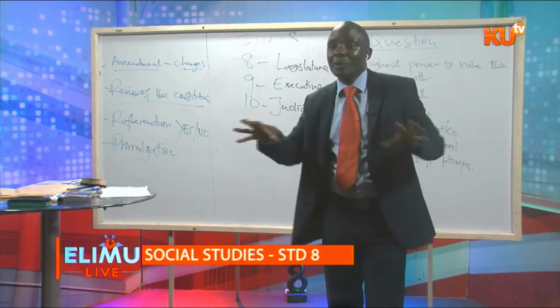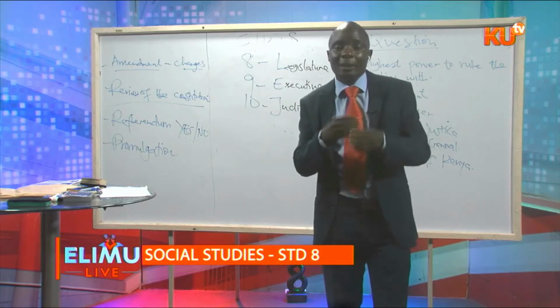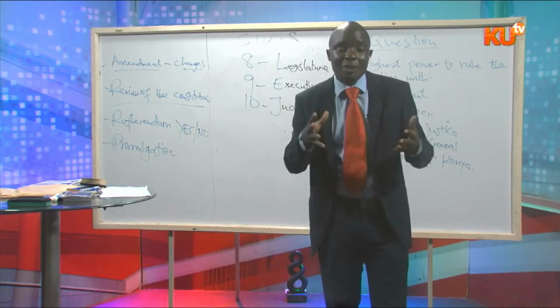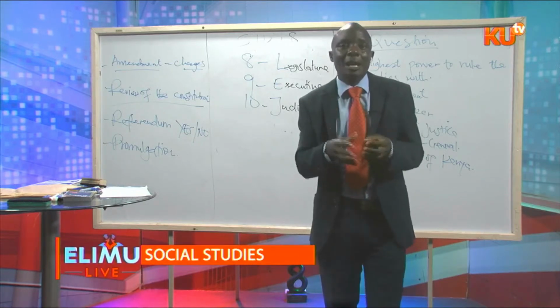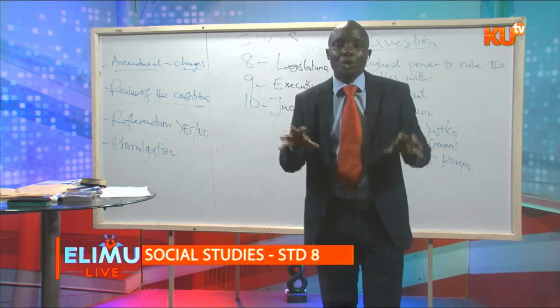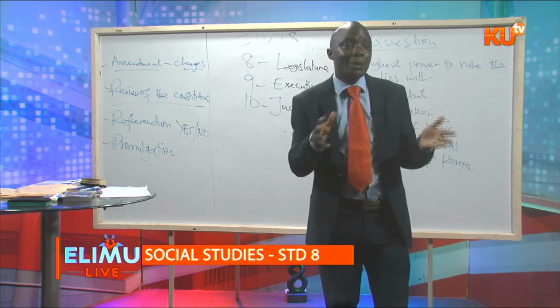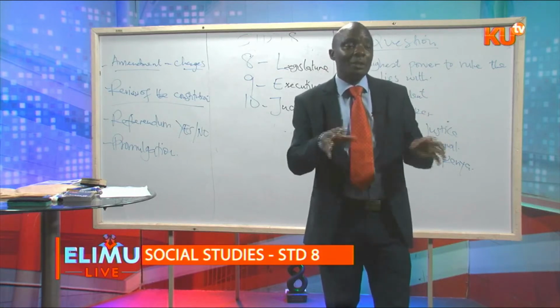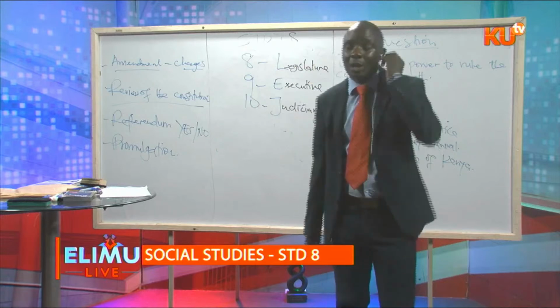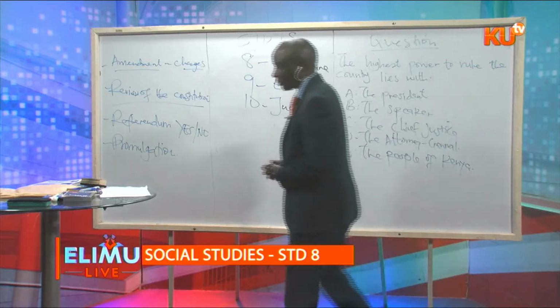So one of the importances of the Constitution is that it gives us the structure of government, apart from also bringing harmony, whereby we know who is going to do what.